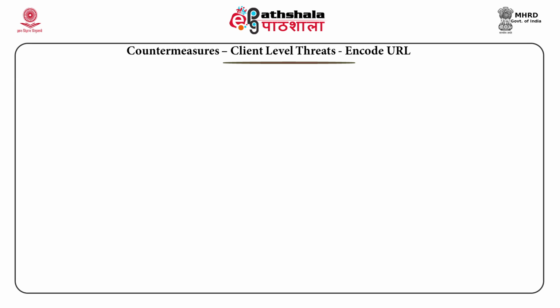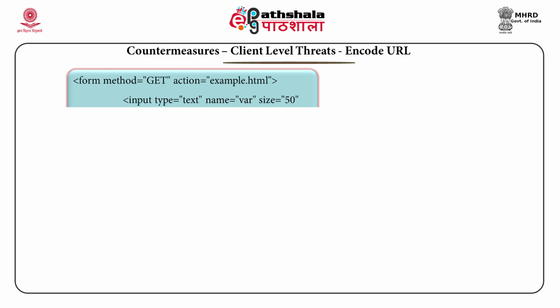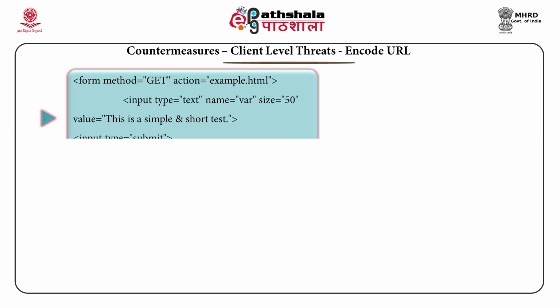So if I go ahead with the example of encode URL, you can check we have a simple HTML form tag in which method is equal to get, action is equal to example.html. It says when the submit button is pressed, the URL should be invoked, that is example.html, and the method used is get.